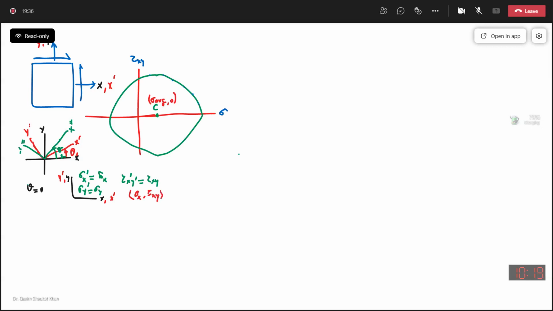So sigma x and tau xy are the coordinates of your reference point.